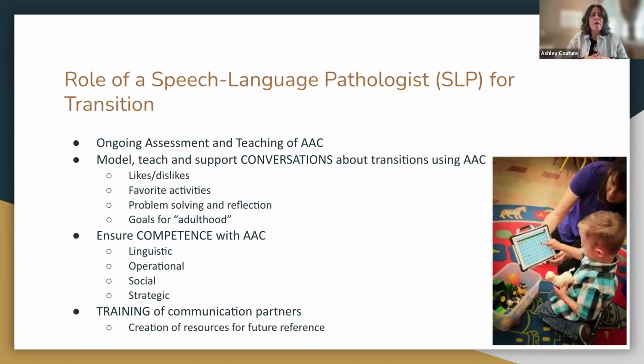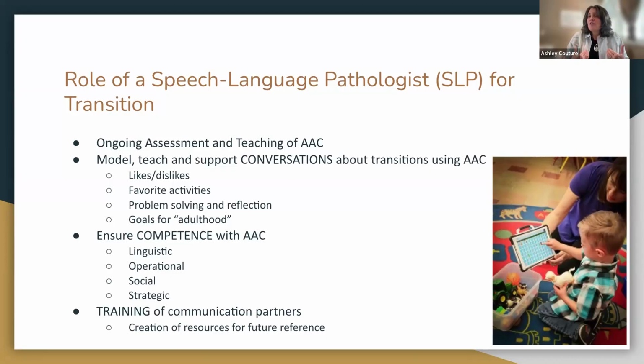So if I think about my verbal kiddos, in their early middle school years, they were doing their own goals and reflecting and leading their own conferences, right? About what their learning goals were for the year, and how they were doing and reflecting on those goals. And I think the speech pathologist plays a key role in making sure that a student using AAC has access to that vocabulary and has practice talking to those same kinds of reflective points.